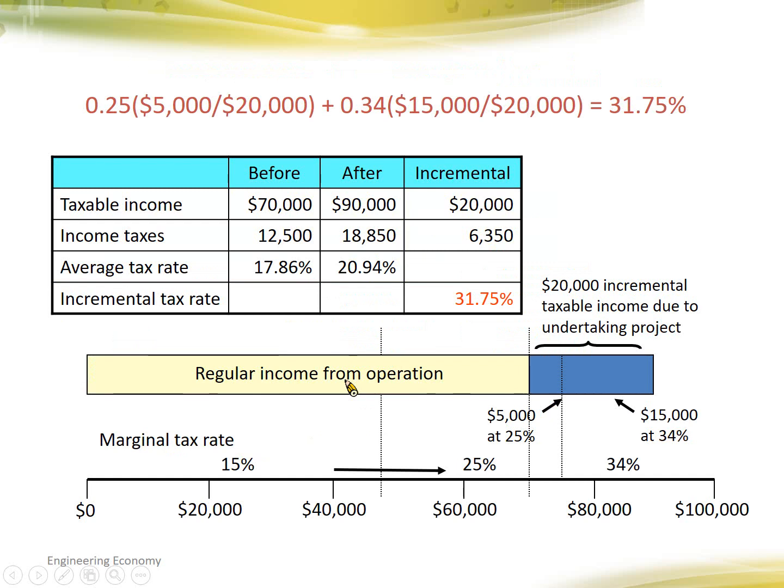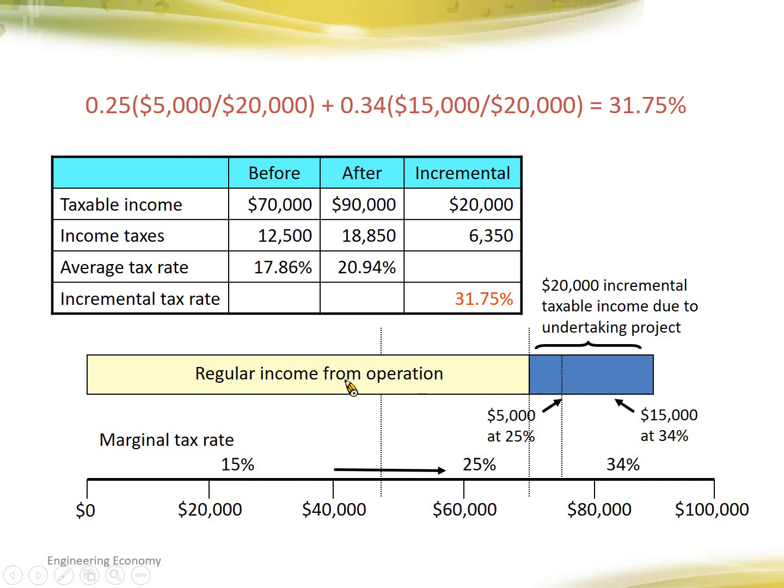This is additional taxable income, which brings our original taxable income to this point. And we found that part of this additional taxable income still falls within the 25% income tax range, and this amount falls within the 34% income tax range.